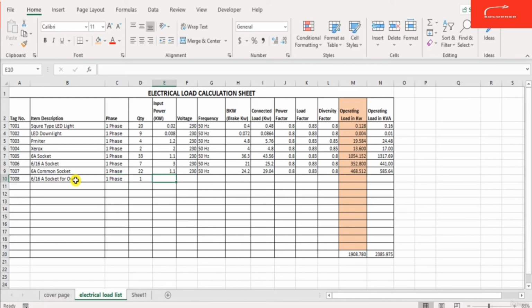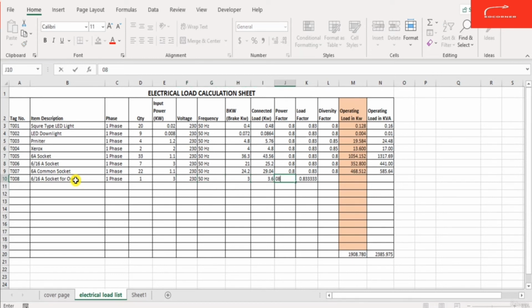Power input required for the oven is 3 kilowatt, because the 6x16 maximum power input is 3 kilowatt. I will mention over here 3 kilowatt. The voltage will be 230. The frequency comes 50 hertz.